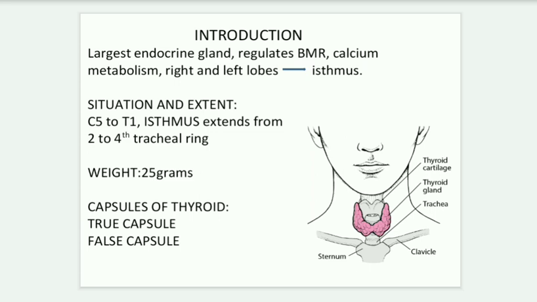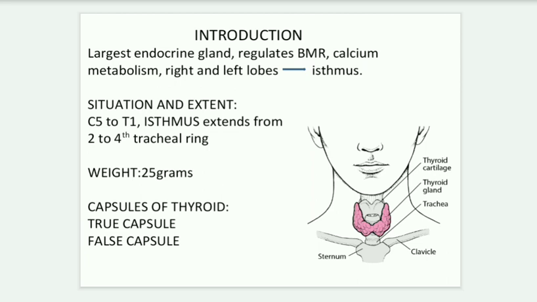It means the upper part of the trachea, and it can extend up to 2 to 4 tracheal rings. Its weight is about 25 grams, which is larger in females than in males, and it further increases in size during menstruation and pregnancy in females.